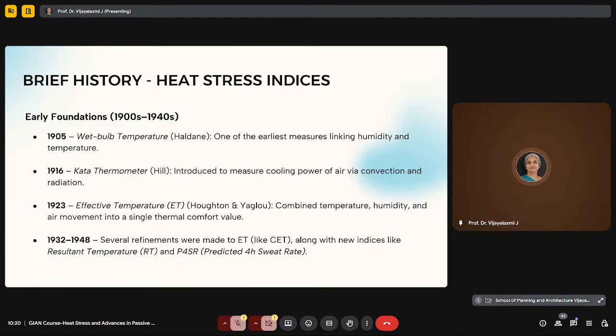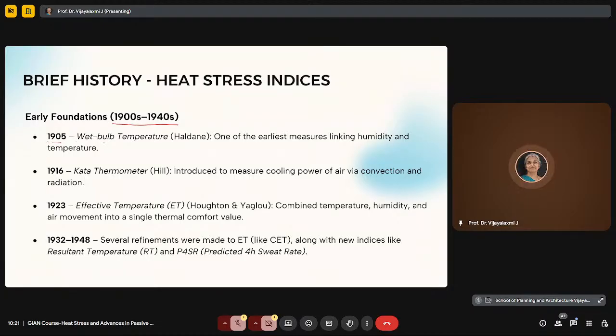So these indices try to integrate various environmental parameters and physiological variables to understand and assess how heat affects the body. Here we will see a timeline based overview of how heat stress indices have evolved. Between 1900 and the 1940s, we had these four.